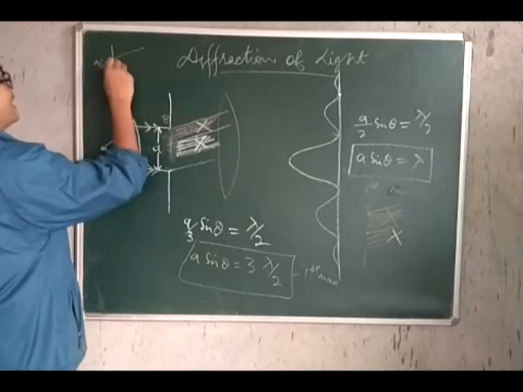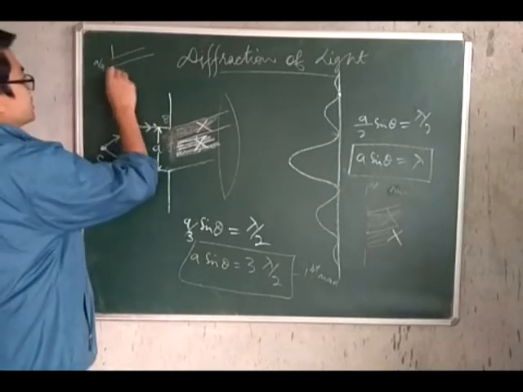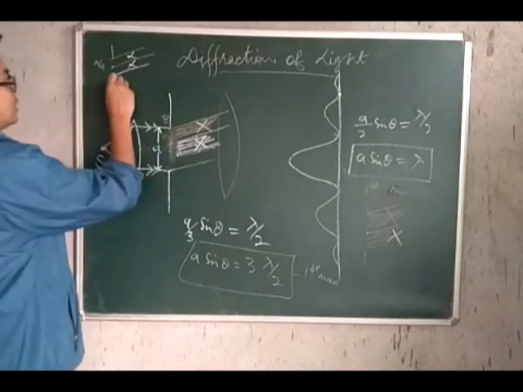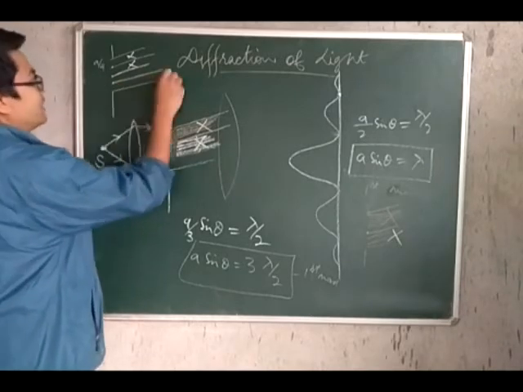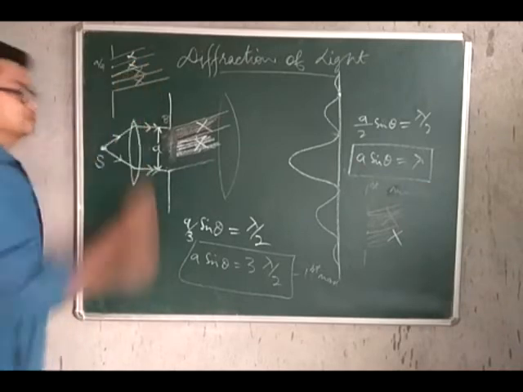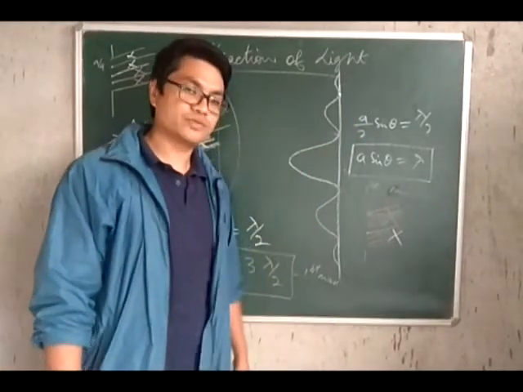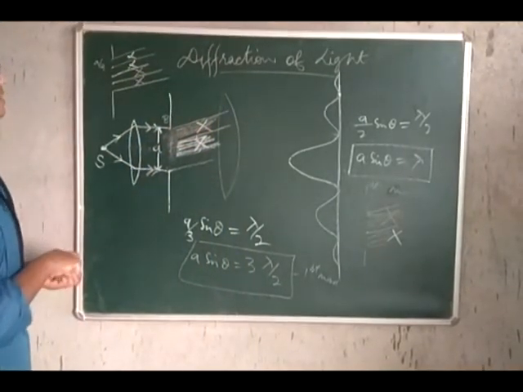Now the whole band of light starting from the first slit interferes with the whole band of light starting from the second slit. They cancel each other out. Likewise, the whole band of light starting from the third slit interferes destructively with the whole band of light starting from the fourth slit. Thereby, they also cancel each other out, giving us the second dark fringe. Now, what will be the condition for the second dark fringe?